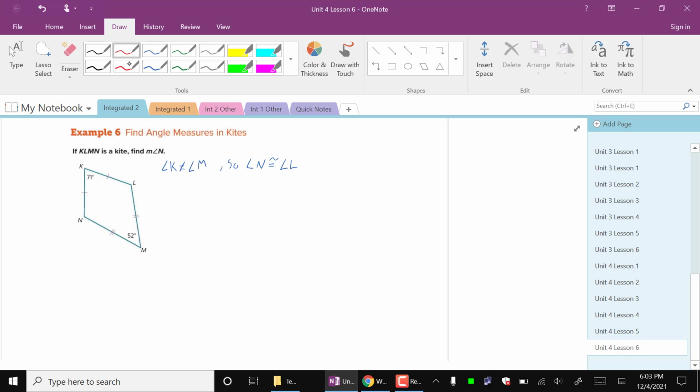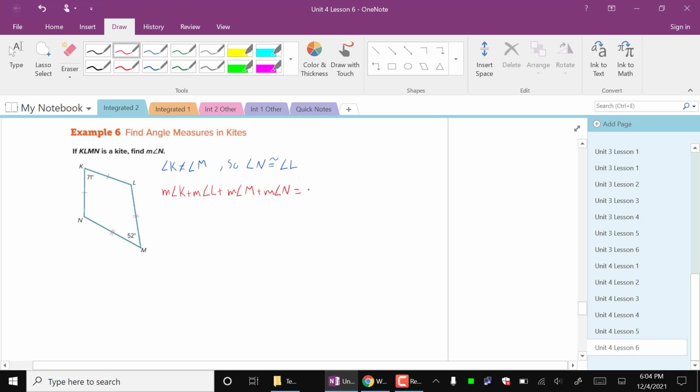Well, how's that going to help us? Well, that's going to help us because measure of angle K plus measure of angle L plus measure of angle M plus measure of angle N equals, how am I going to find all this?